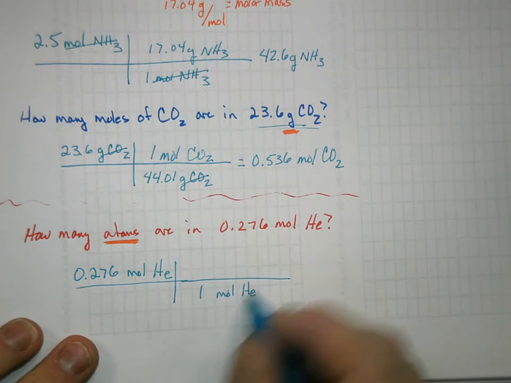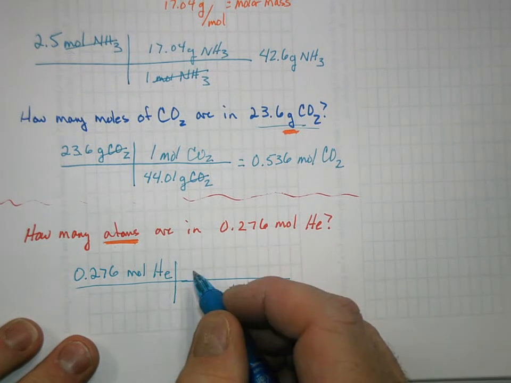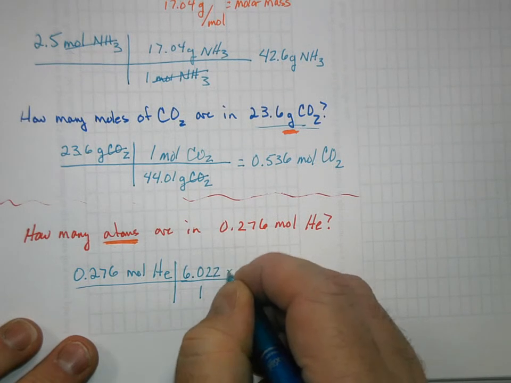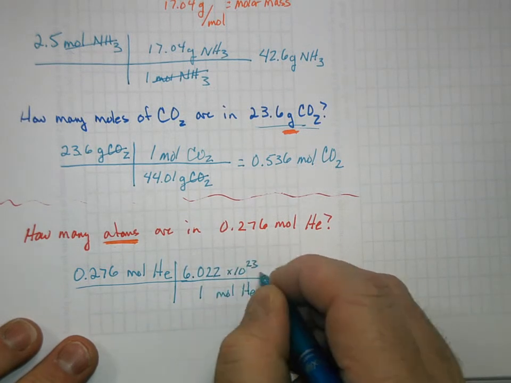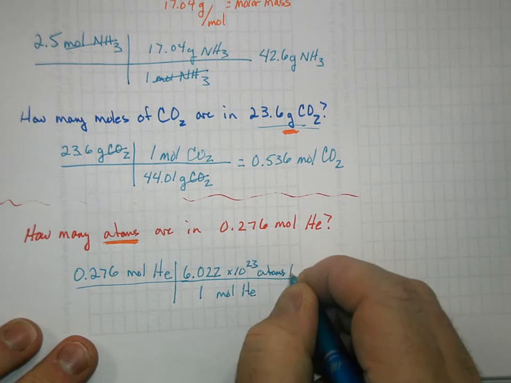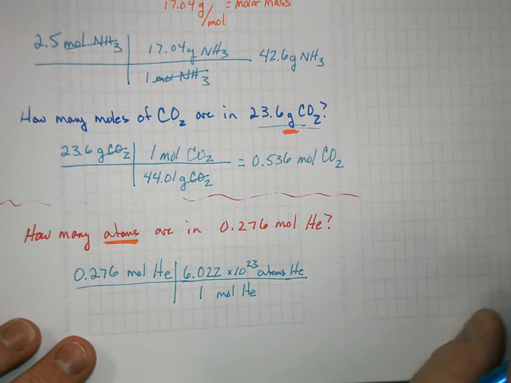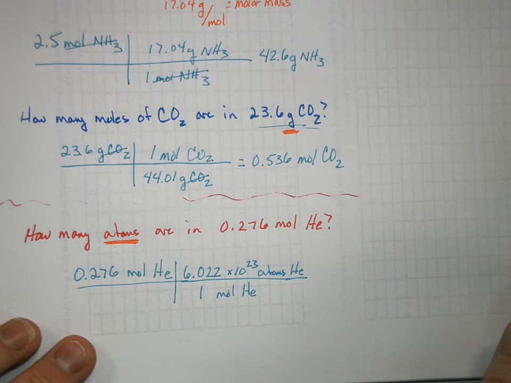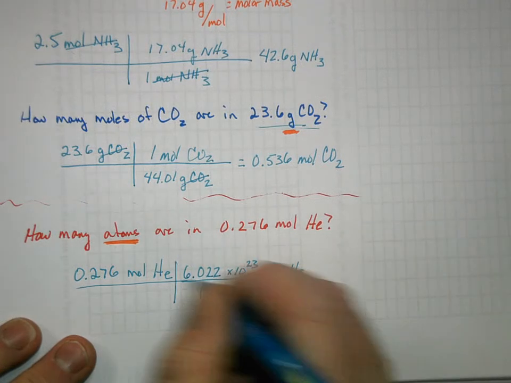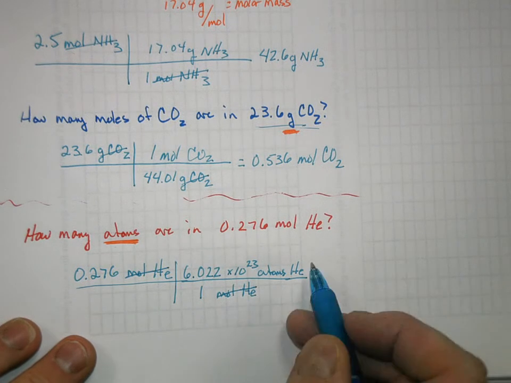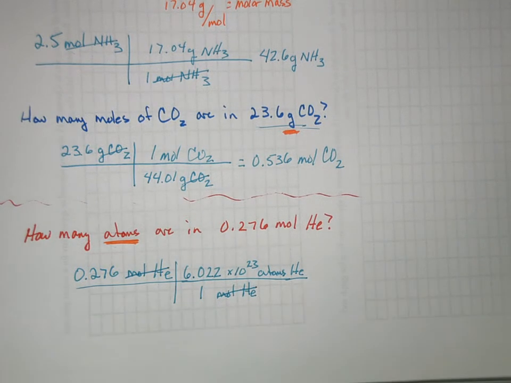And we know that 1 mole of helium equals how many particles? And so what would we do? Cross cancel the units. And multiply.